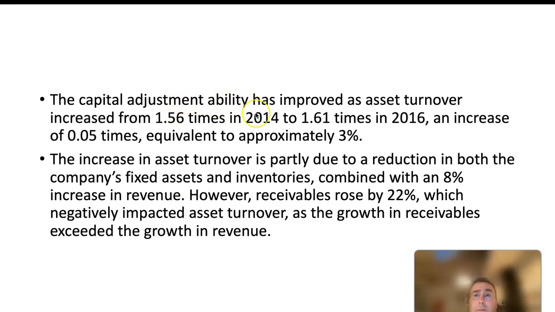The capital adjustment ability has improved as asset turnover increased from 1.56 times to 1.61 times in 16, an increase of 0.05 times, equivalent to approximately 3%. The increase in asset turnover is partly due to a reduction in both the company's fixed assets and inventories.